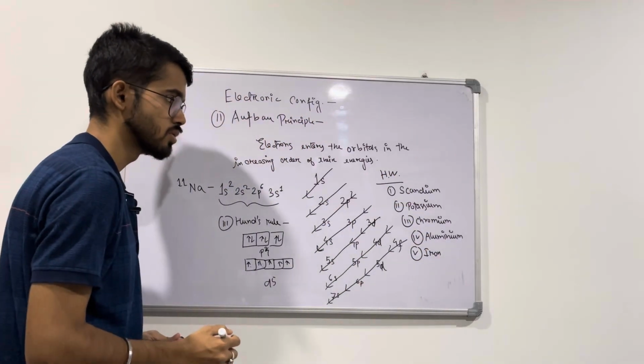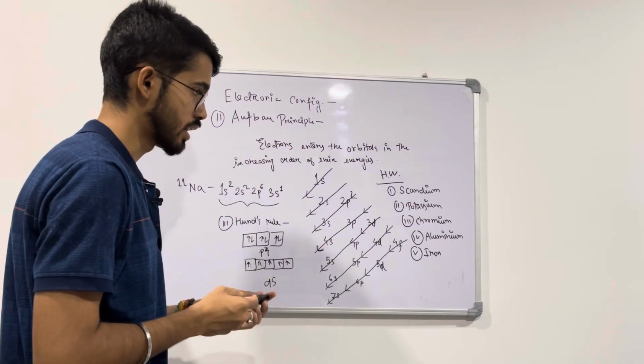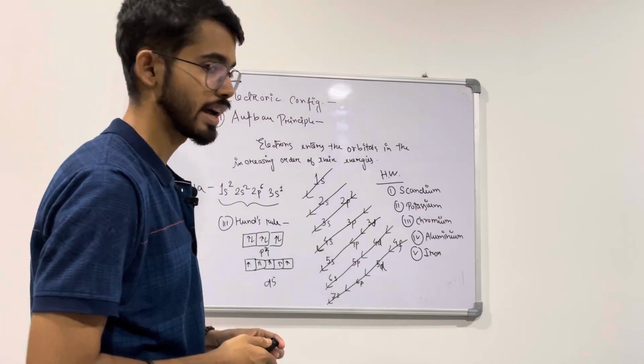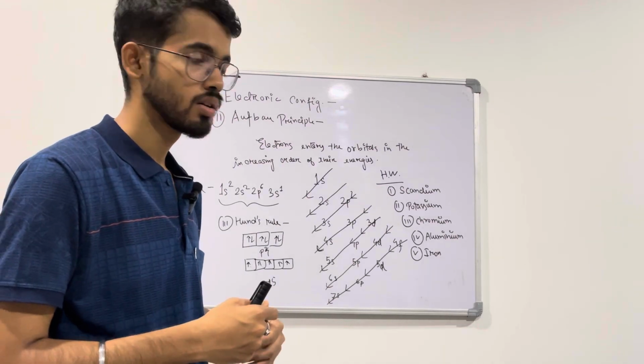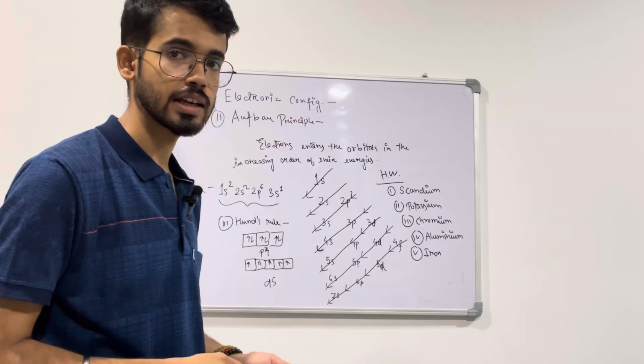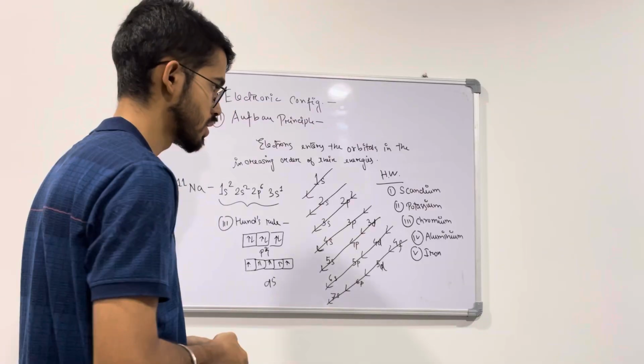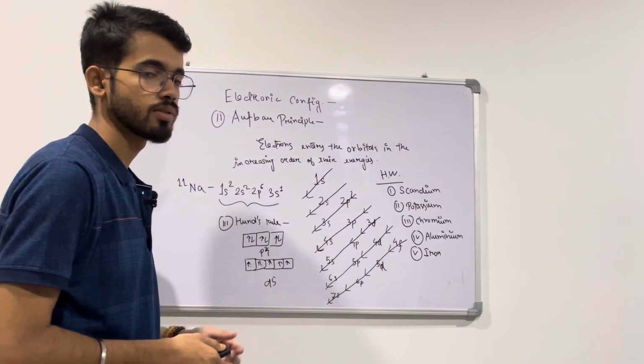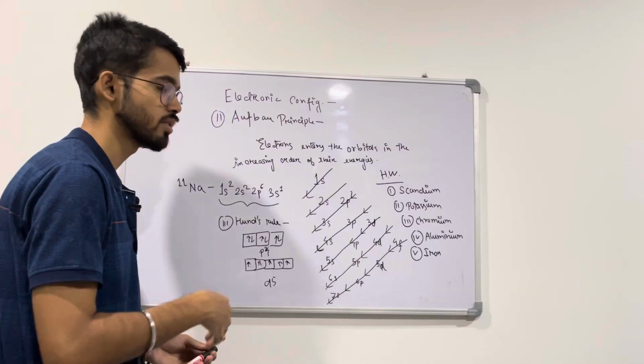In these 5 you all try, and if you have seen any exception from your own side, then tell me in the comment section, and after that I will explain about the exceptions in a further section.